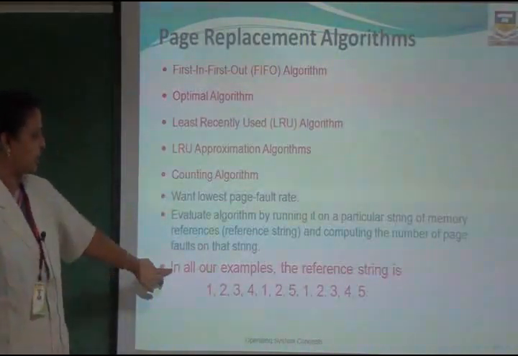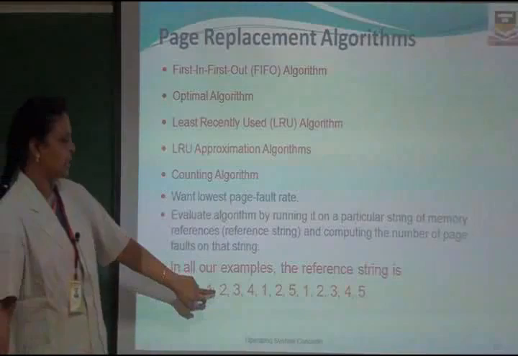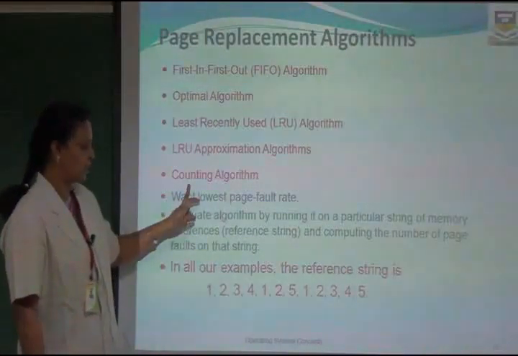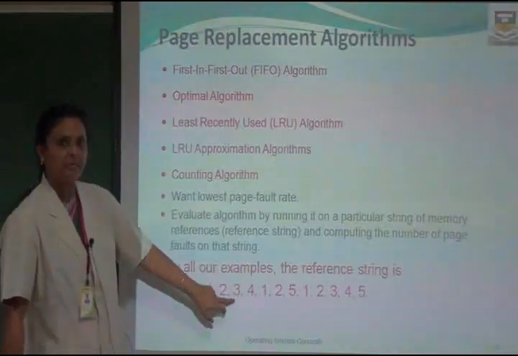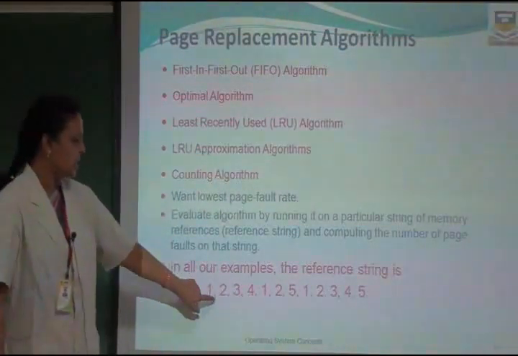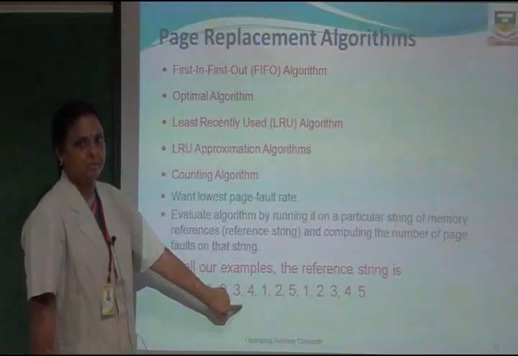So in this example, I am going to consider this example for explaining these algorithms. This example is called reference string. This reference string is having numbers, and these numbers are representing page numbers.